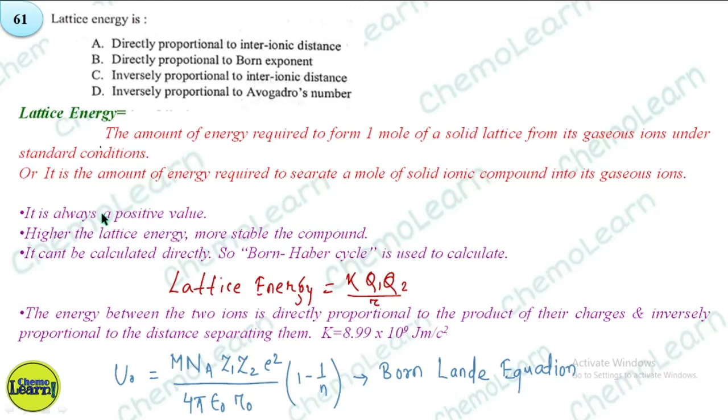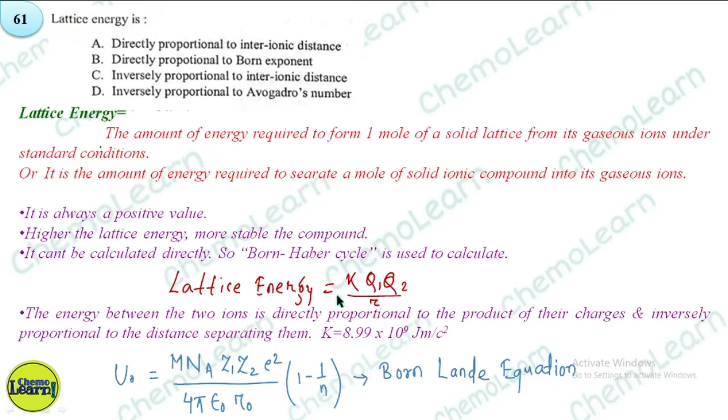So lattice energy is always a positive value, and higher the lattice energy, more stable the compound, and it cannot be calculated directly. So we use the Born-Haber cycle to calculate the lattice energy.